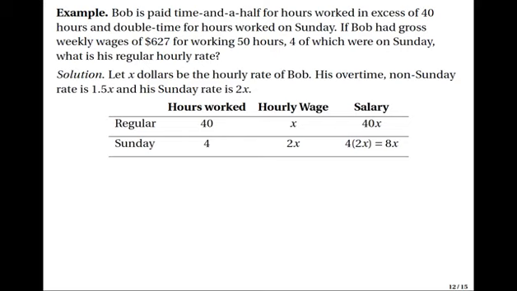And then for the other overtime work, which are non-Sundays, you have 50, that's the total working hours, minus 40, that's the regular hours, minus 4, that's now the overtime non-Sunday. So 6 hours. And the rate is 1.5x.